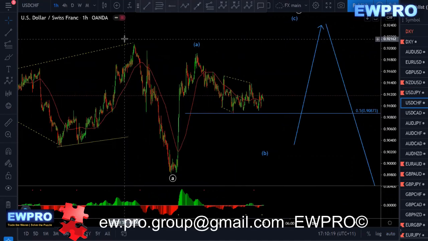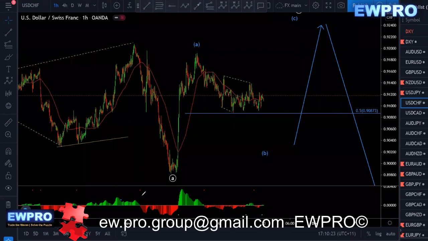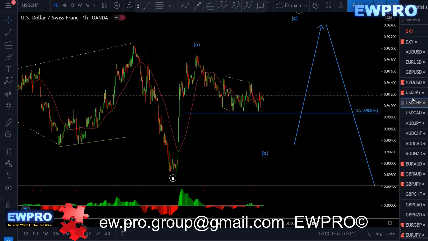This one here, like I said last week, has that bearish hidden divergence on the H1. This is looking corrective. I don't think it's over yet. Pretty much the same as USDJPY.